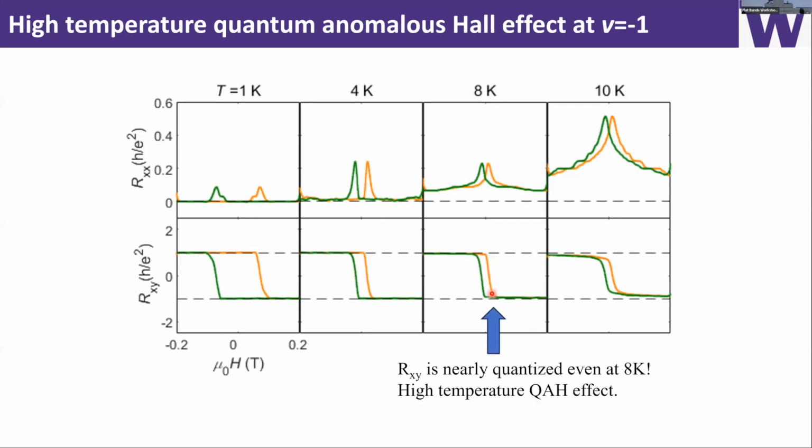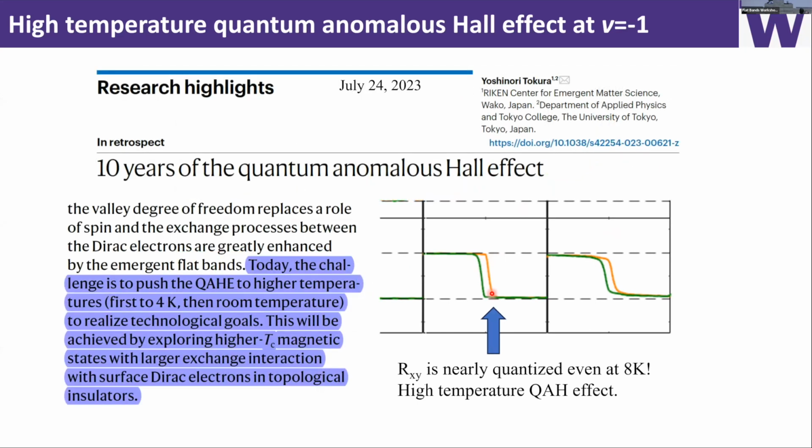The quantum anomalous Hall effect was initially demonstrated by Professor Qikun Xue and my friend Cui-Zu Chang back in 2013, so this year, 2023, marks the 10-year anniversary of this discovery. Yoshi wrote a beautiful review to celebrate it, but at the end he highlighted the challenge of pushing the quantum anomalous Hall effect to higher temperature.